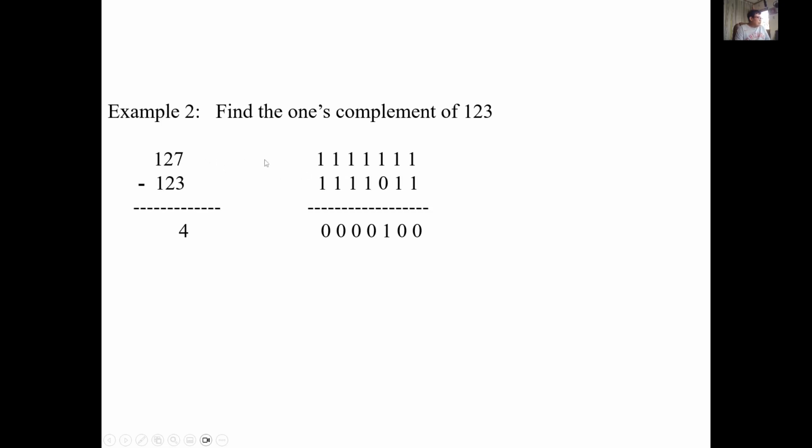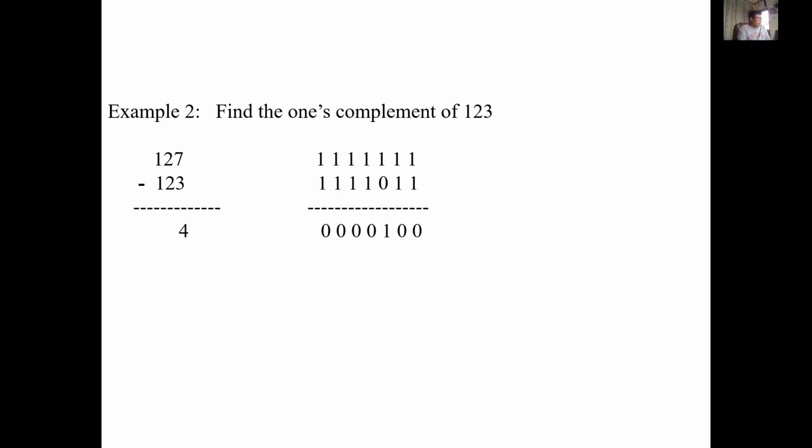If you subtract from the highest value, 1 minus 1 is 0, 1 minus 1 is 0, 1 minus 0 is 1, 1 minus 1 is 0, 1 minus 1 is 0. So take note that 123 is 1111011. If you sum that together, they will equal the maximum value.